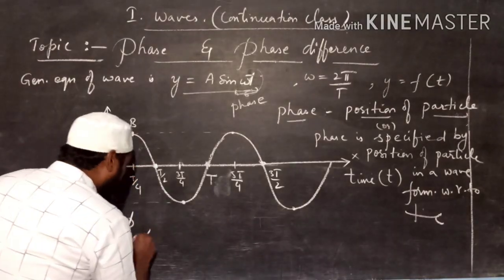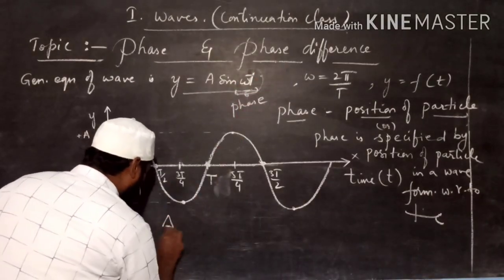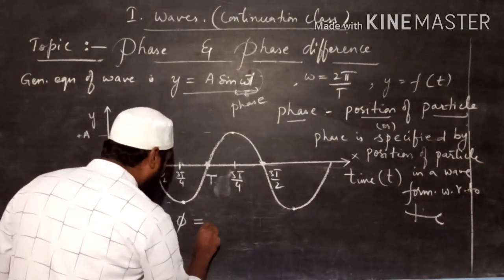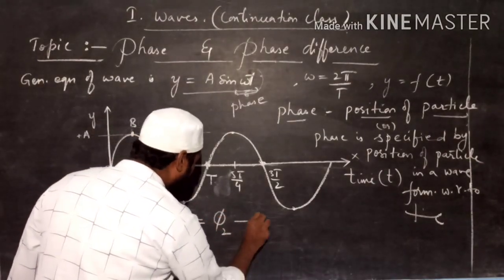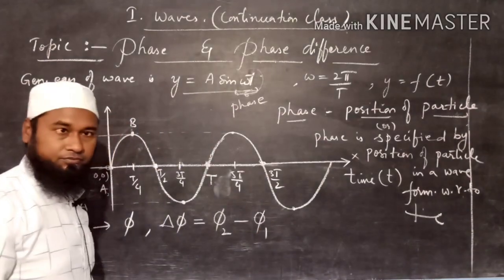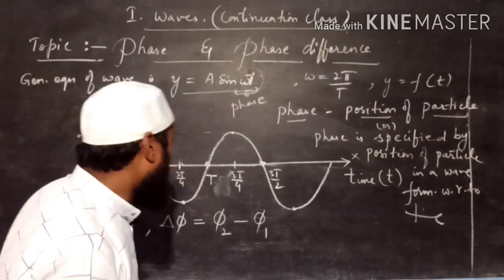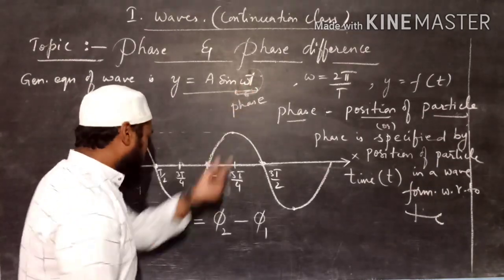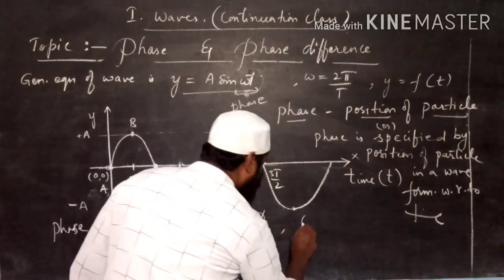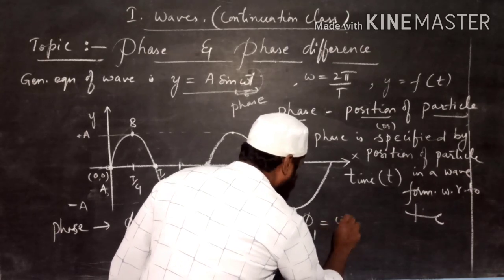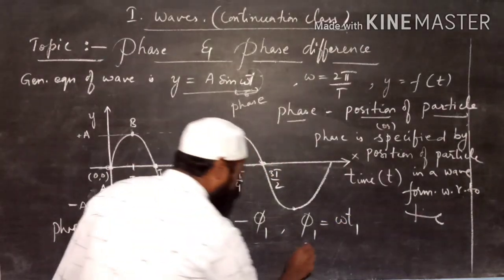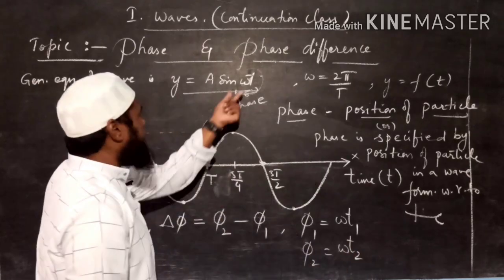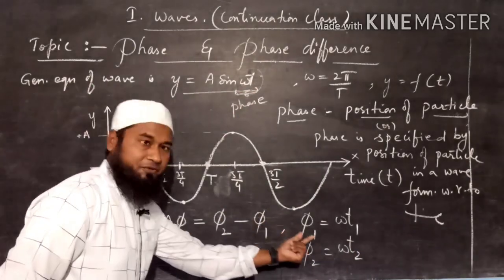Now the second part, phase difference, delta phi, they will ask you to calculate. So the delta phi formula you can write as phi 2 minus phi 1. So phase we have taken as omega t. So the phi 1 formula you can write as omega t1, and the phi 2 formula you can write as omega t2, because this is phase and phase is denoted by phi.